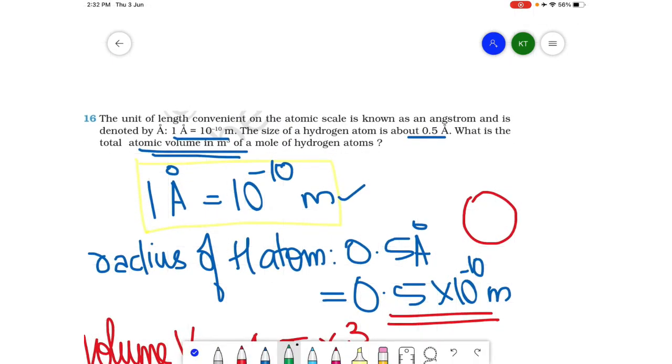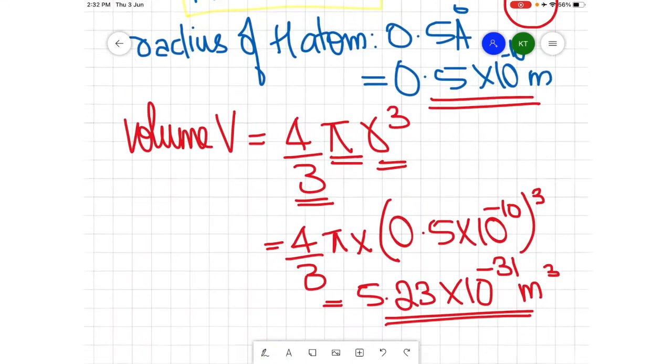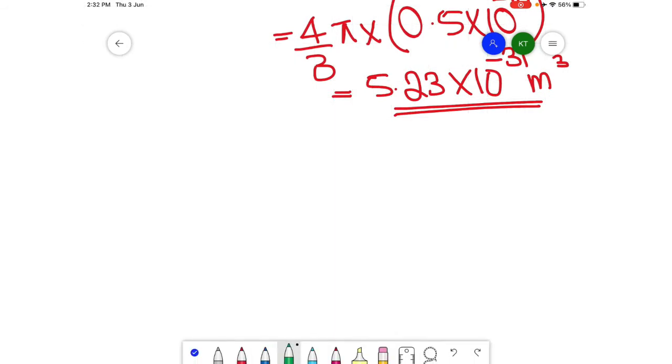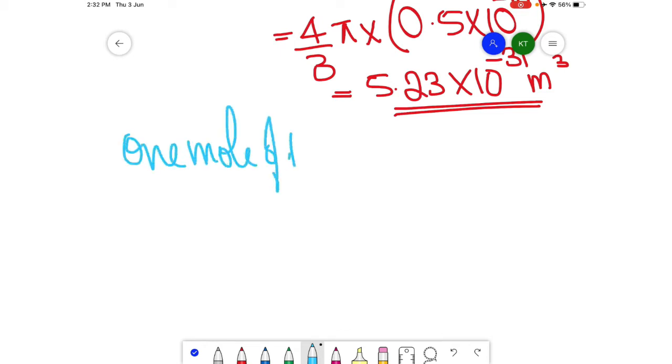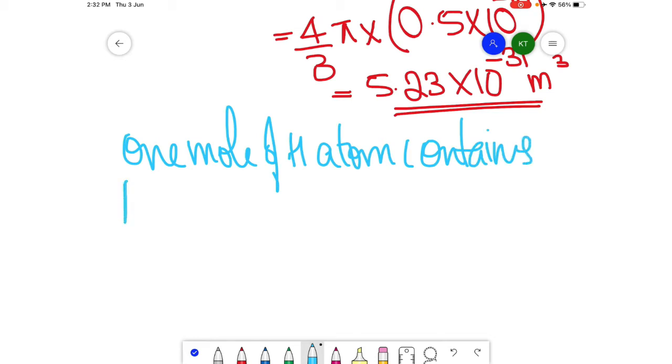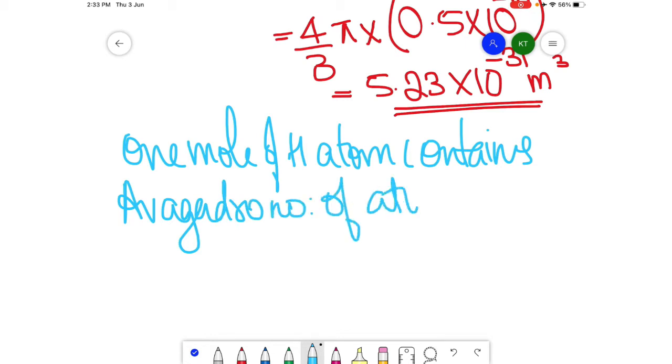Now our question is, what is the volume in meter cube of a mole of hydrogen atoms? So we need to write this in moles. In 1 mole of hydrogen atoms, what is the volume? 1 mole of hydrogen atoms contains Avogadro number of atoms or particles.